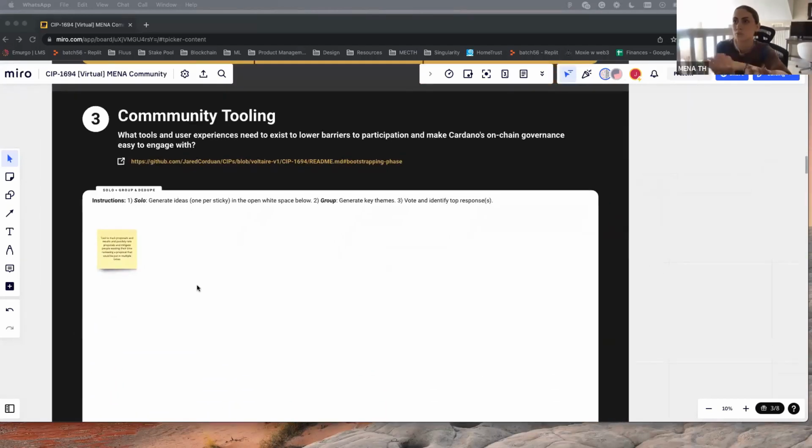Yeah, so this one's cool because a lot of the things the protocol layer needs to be as abstract as possible, because it's very hard to code in all these specifics, but it's up to the community tooling to shine light or make these processes better. So in your mind, what tooling do you think is necessary? Or let me ask the question: what tools and user experiences need to exist to lower barriers to participation and make Cardano's on-chain governance easy to engage with?